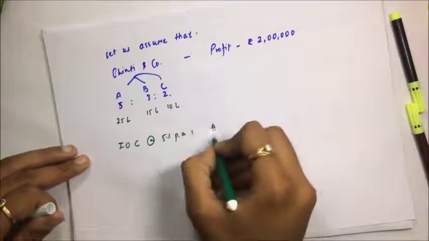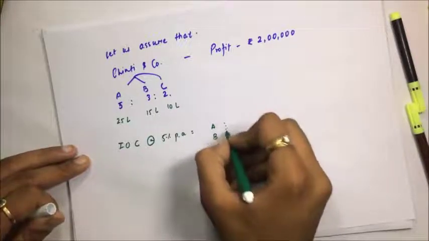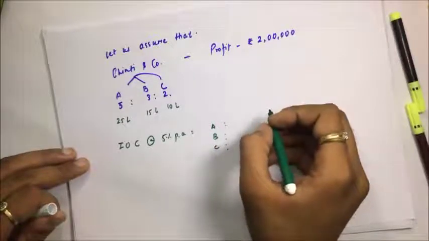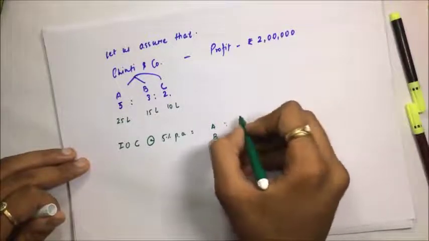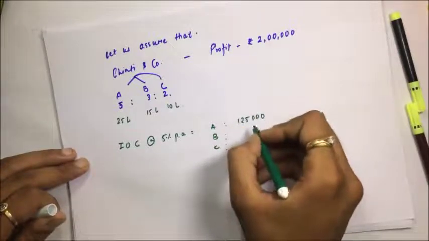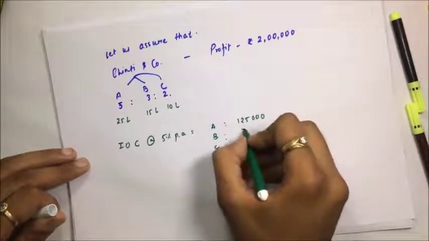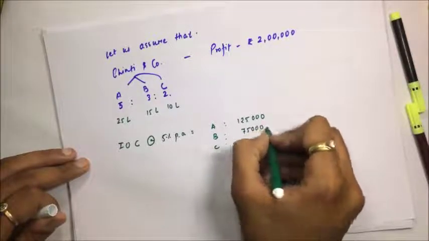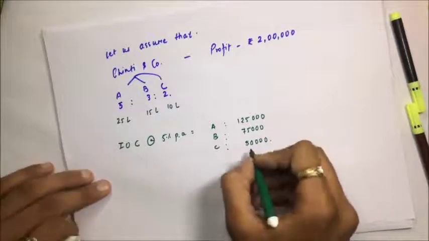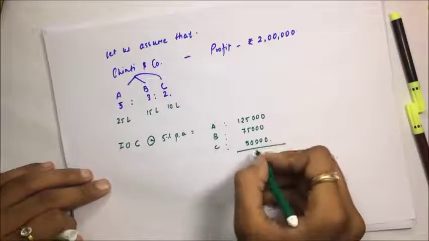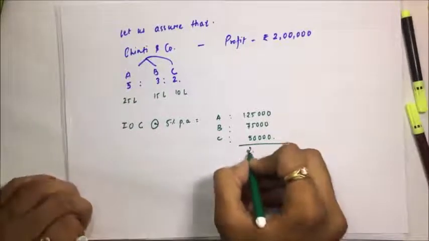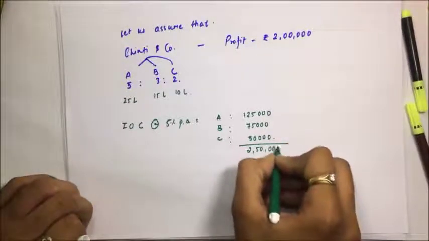If you work out the interest of each partner, it will come to 1,25,000, 75,000 and 50,000. Total interest on capital will be 2,50,000.